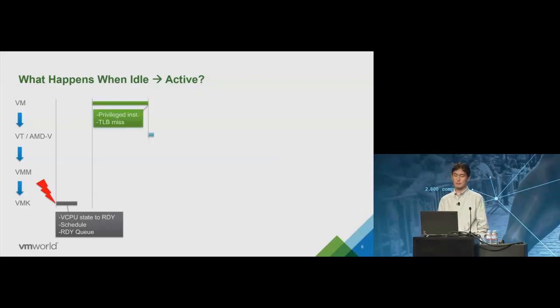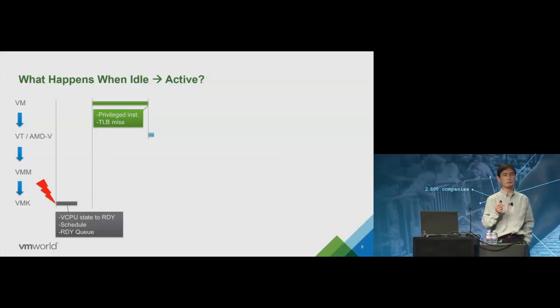Okay. And then let's say some event happens like executing privileged instructions. What are privileged instructions? Well, for example, the VM trying to update the CR3 register, mostly from context switching, and it may incur a TLB miss. How many of you have never heard about TLB? Okay, good.